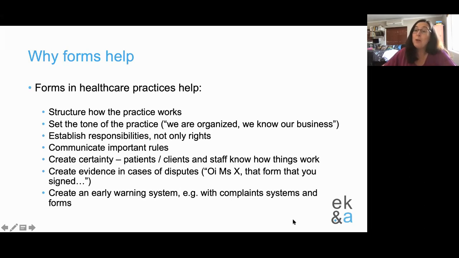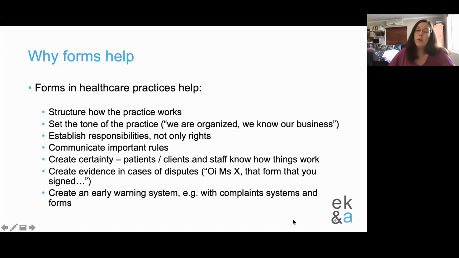It also importantly creates evidence. So if there is an issue or a dispute, nothing works as well as saying, "Mrs. Smith, that form that you completed, do you remember that form? Point 6 there talks about our relationship with medical schemes." So it gives you a very nice way in which to say to the person, I haven't sprung anything unexpectedly upon you.